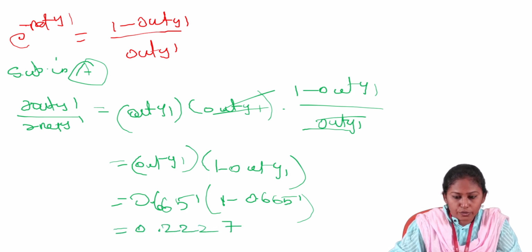So what we are calculating here is only the second part of our process, dou out y1 divided by dou net y1.